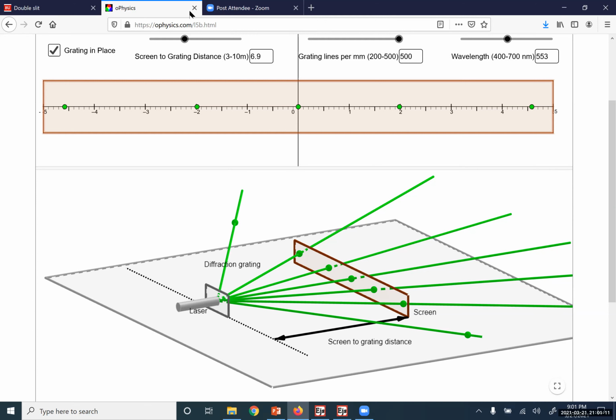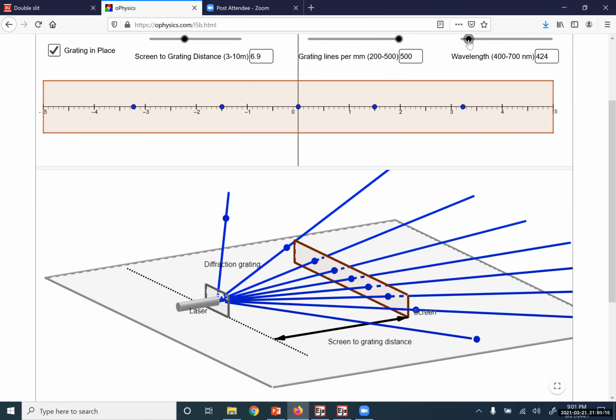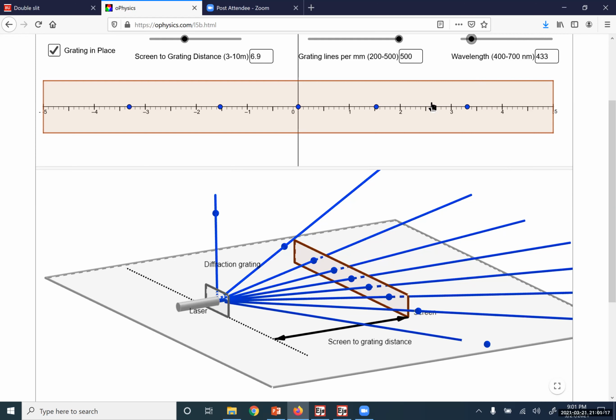If I change the wavelength, the color will also change. So this shows you how we can see the patterns.